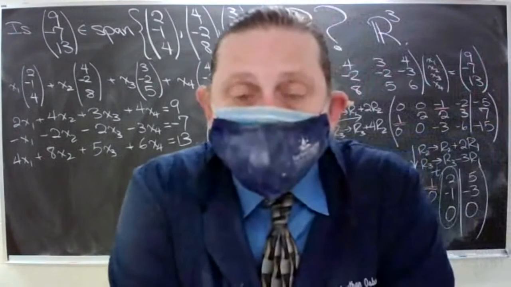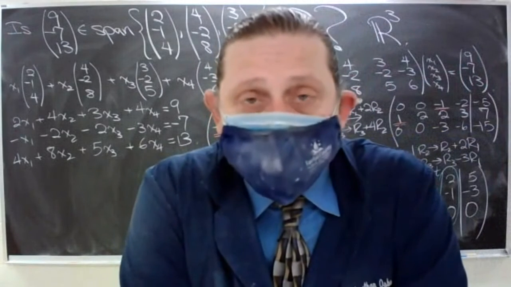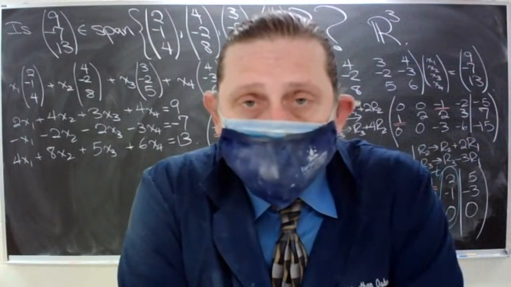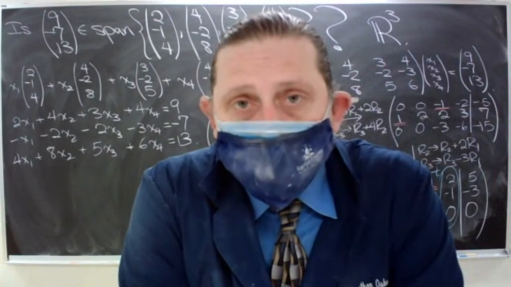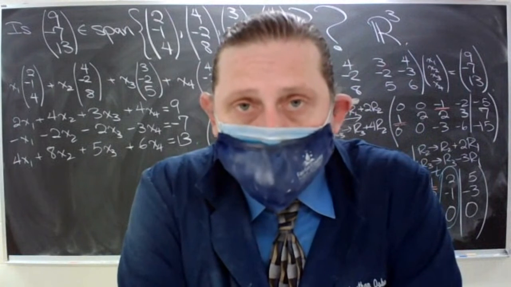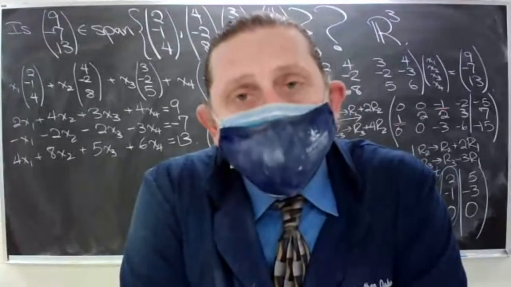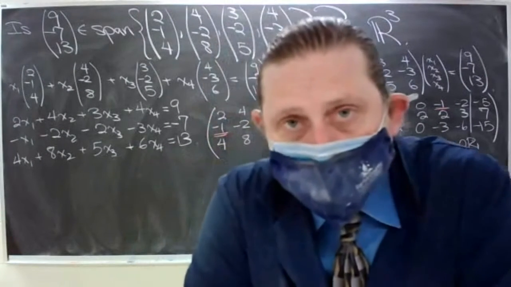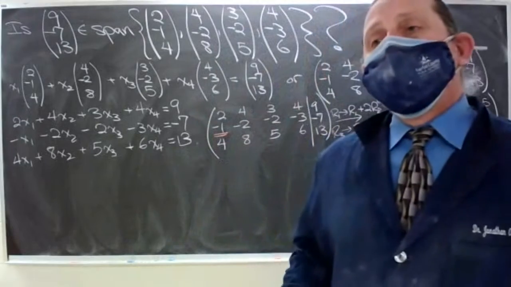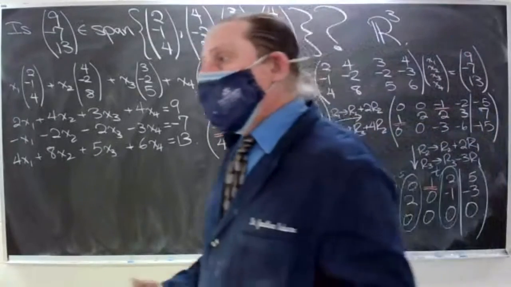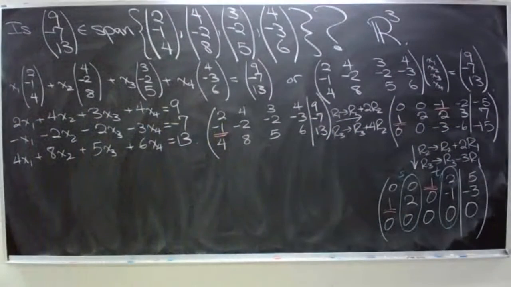Now, of course, in the row reduction process, any non-zero number in a row to the left of the augment bar can be used as a pivot. So a row that lacks a pivot means an equation that doesn't have any variables in it. 0x1, 0x2, 0x3, 0x4.